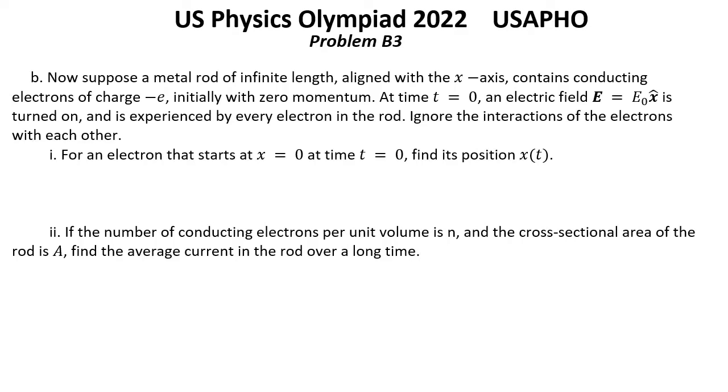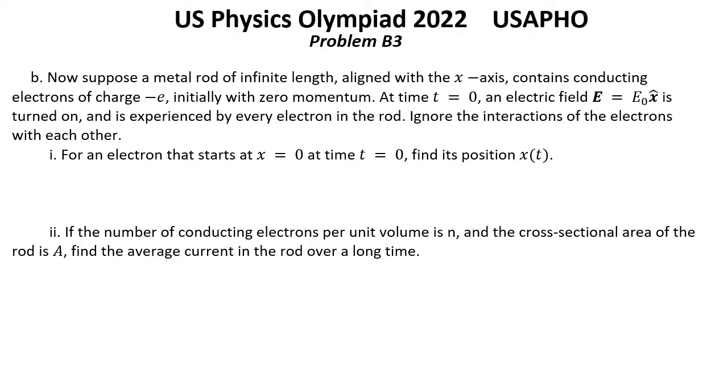Solution for question B. Now suppose a metal rod of infinite length aligned with the x-axis contains conducting electrons of charge negative e, initially with zero momentum.